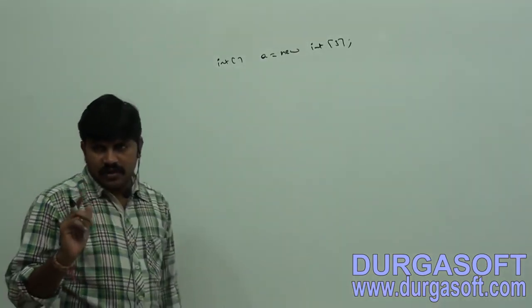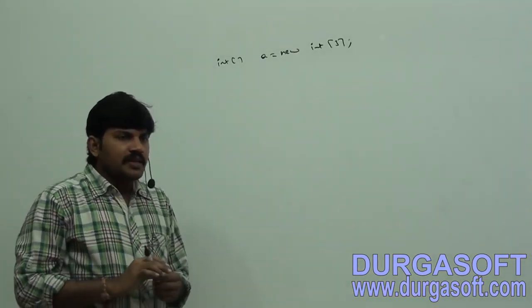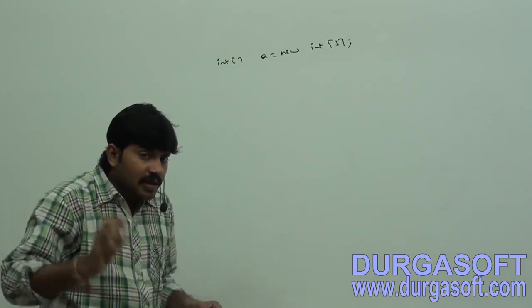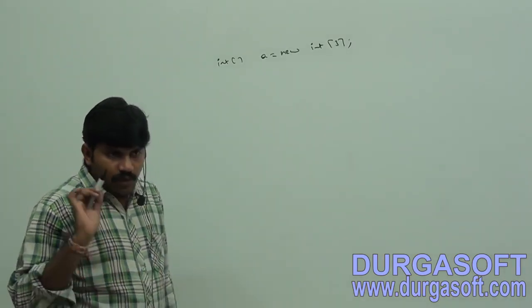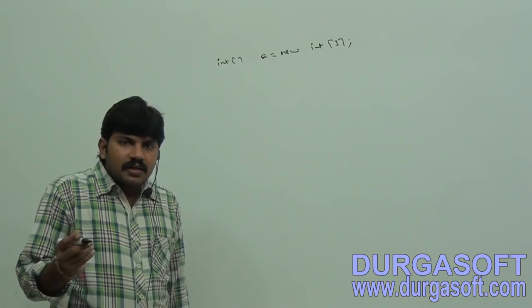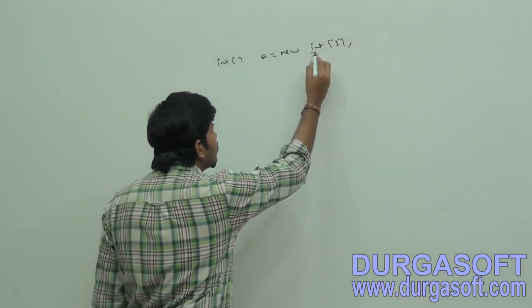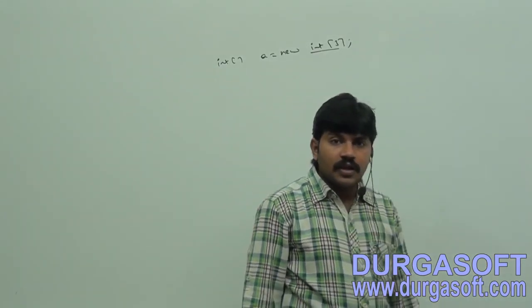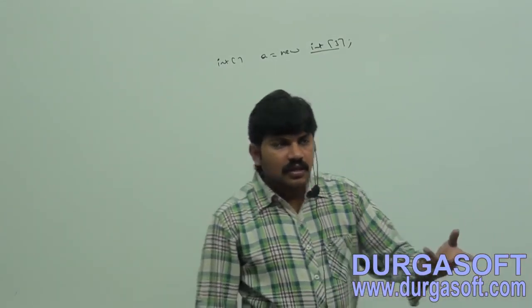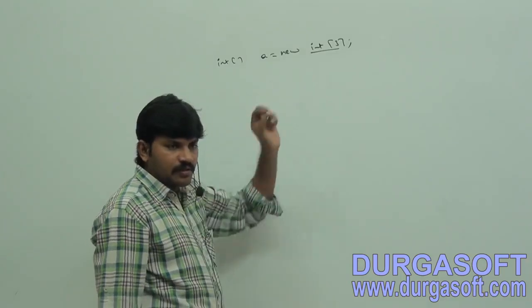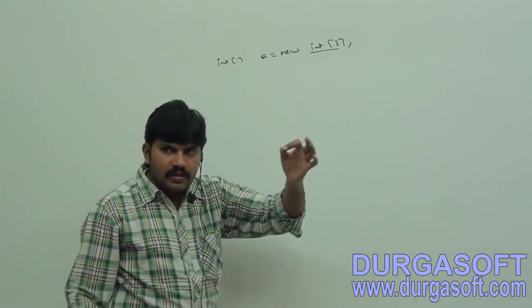Sir, here I have one doubt. Usually, how do we create an object? By using the new operator. But we can create arrays also by using the new operator, right? Can I use the term that an array is also an object? Because if an array is not an object, then you can't create it by using the new operator. The new operator can be used to create objects.